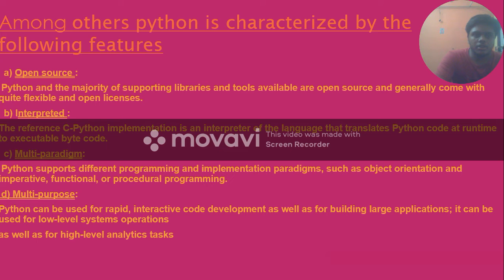Open source. Python and the majority of supporting libraries and tools are known as open source, and generally come with quite flexible and open licenses. Most open source libraries and tools are used like in PowerPoints and also in Microsoft Office.